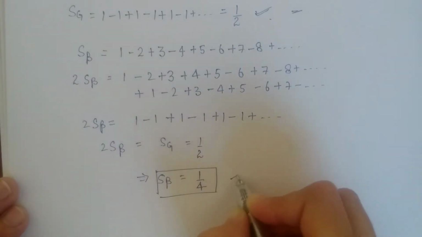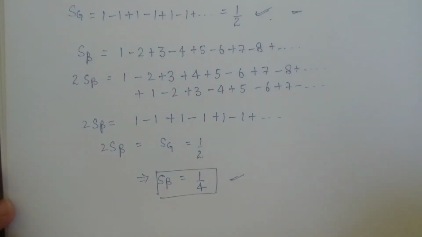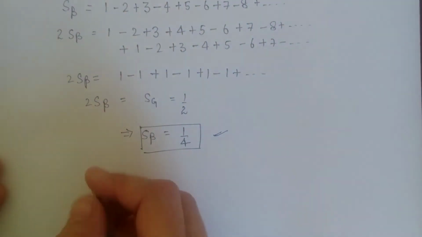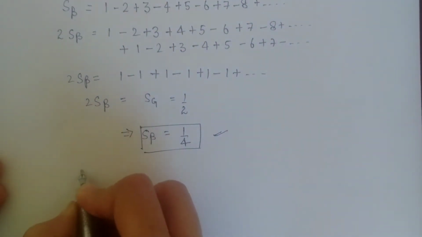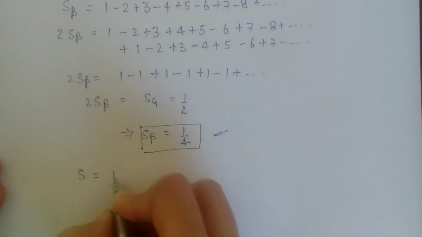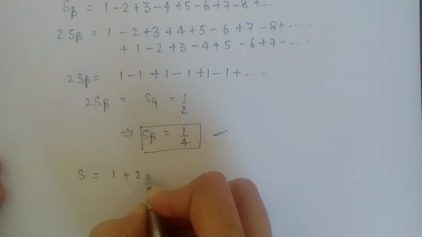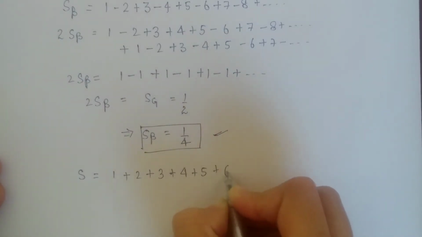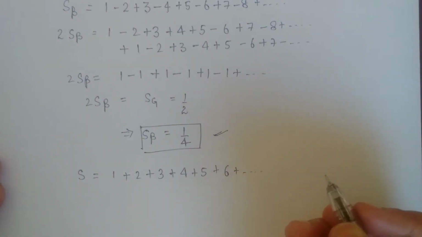Now I will use this result for solving the sum of all natural numbers, right? So S is equal to 1 plus 2 plus 3 plus 4 plus 5 plus 6 and so on.